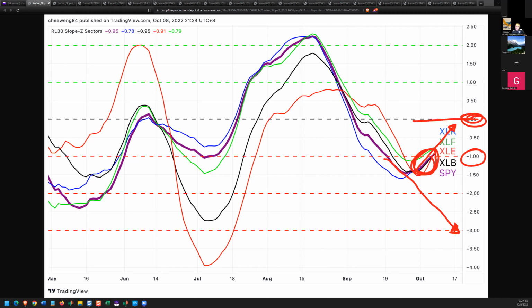Until it gets above the zero line, that price action is negative over the last 30 days. So, but again, the failure to fail has been helpful in that, and this upward slope below zero is telling us is a critical state for the S&P and really all of the sectors, which are waiting to see what happens as we get closer to the elections.